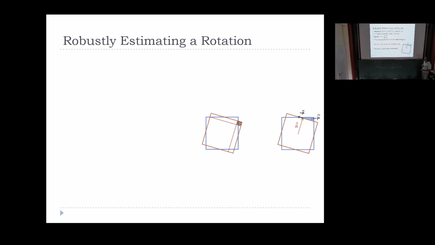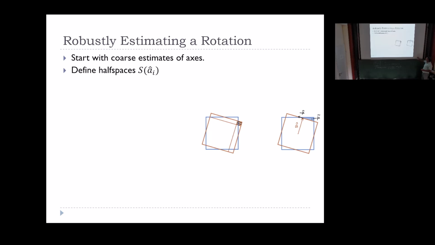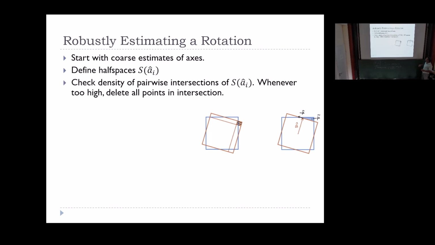So basically, here's what it looks like. We start with a coarse estimate. We define these half spaces. We check the pairwise intersections of these bands. If at any time the pairwise intersection is too high, we delete it, because we know the pairwise intersection cannot be more than the product of what it should be.